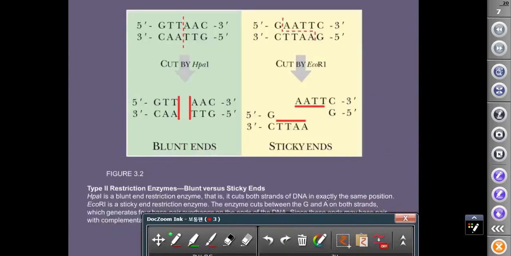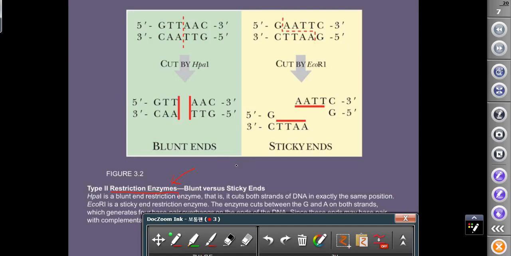Okay, now let's go on to the discussion on restriction enzymes. You must have seen this before, right? In the previous slide when we were talking about RDT. These restriction enzymes are the key for genetic engineering technology.